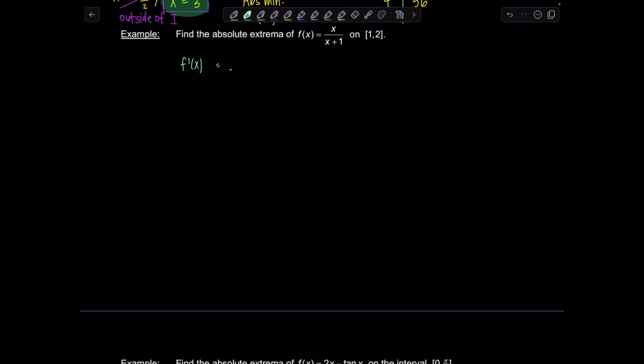Okay. F prime of x is going to be denominator times derivative of the numerator minus numerator times derivative of the bottom over denominator squared. And then if we clean up, that's just x plus 1 minus x. So that's 1 over x plus 1 squared.